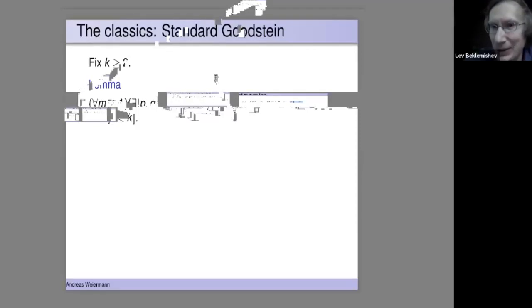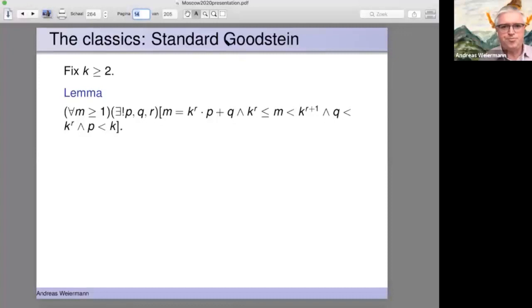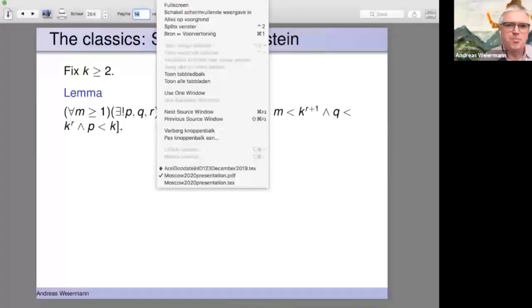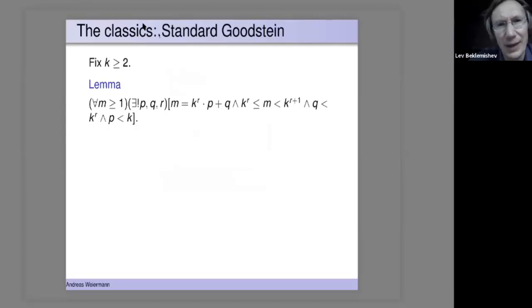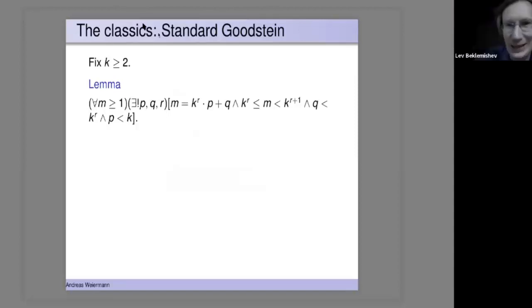We cannot read the slide because of everything you do with your mouse. Now we see it again. Let me go to the full screen again. Now you can see it as before, right? Yes. I will be careful not to click the mouse.